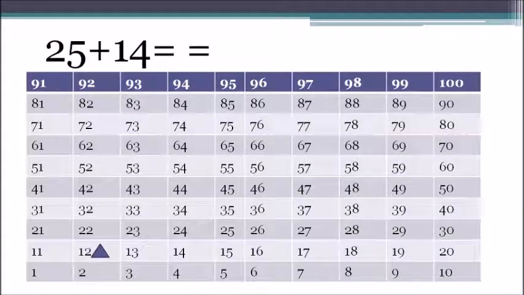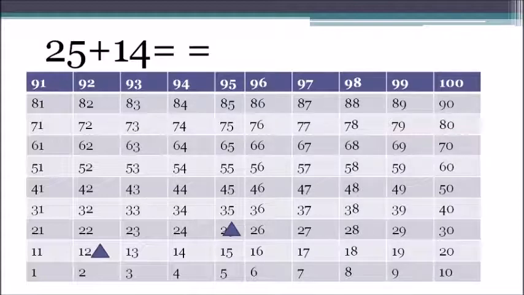Okay. So we have two numbers. The first one is 25 and the second number is 14. So first we have to reach which box? The box of 25. We have already reached. Now we have to add 14 with 25. What should be our first step? First, we have to find out how many tens and ones are there in that number. In 14, how many tens are there? 1 tens.